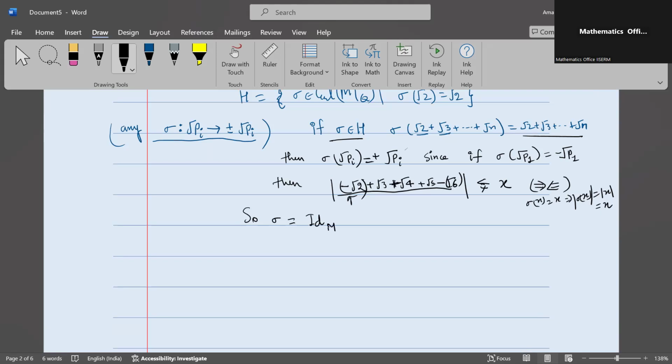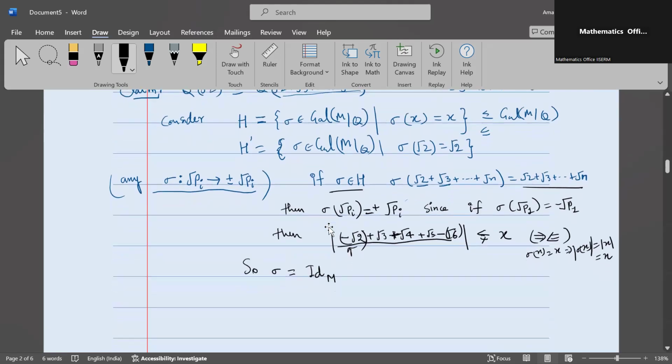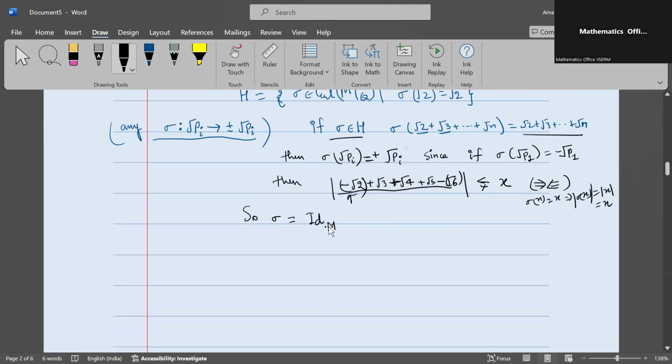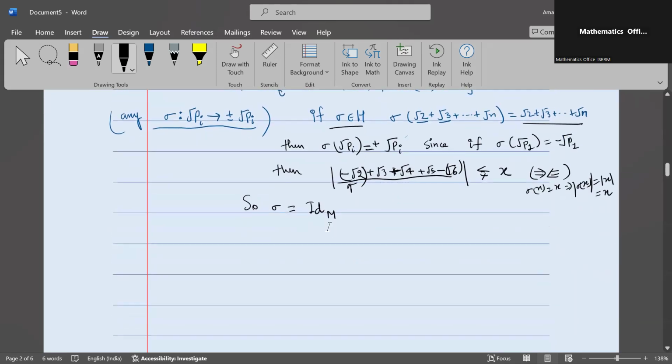Okay. This is good. Something which fixes this element fixes every element. So by Galois correspondence, what do we have? H is trivial.